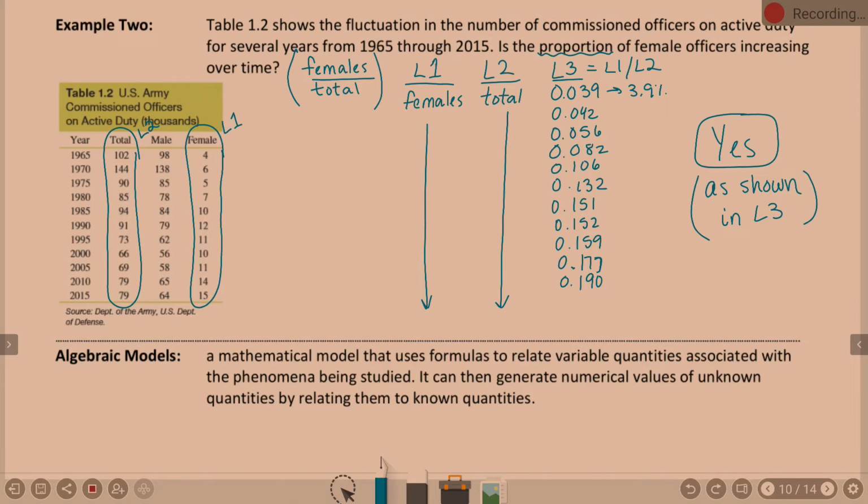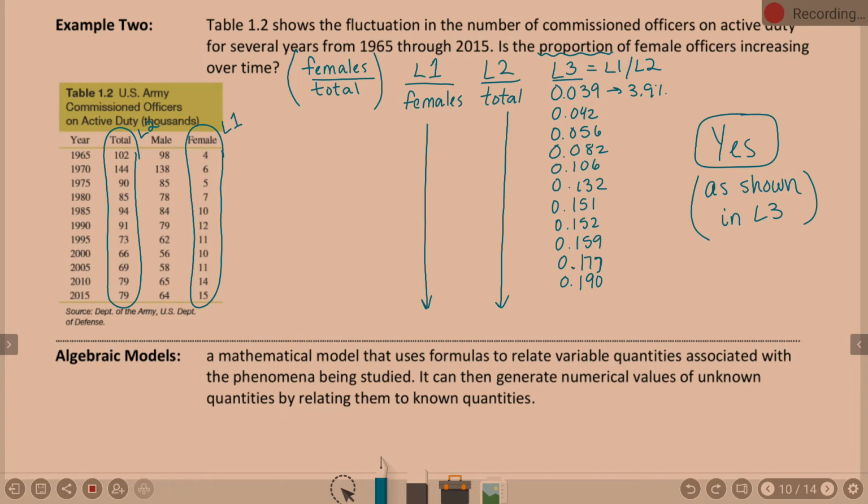So now if I needed to do something else with the females and the totals, or I could also add a male column, we can do that. Questions there? Okay. So that's the idea of how to use a numerical model. We'll come back and revisit the idea of using lists a little bit more when we get to a graphical model.